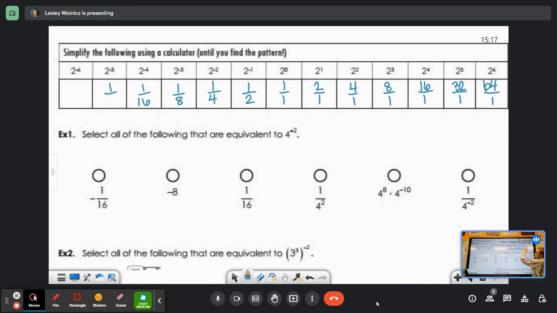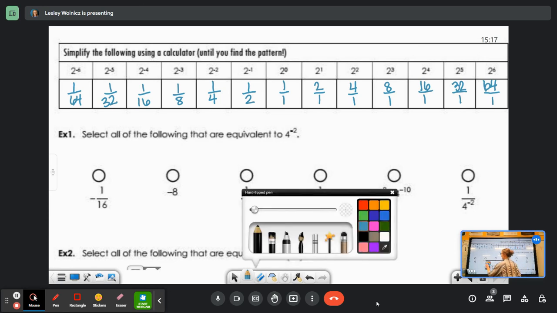Okay, so now that you figured out the pattern, you don't have to use your calculator anymore if you don't want to. I do. Okay. I'm going to allow it. Isn't that kind of fun to see? You guys are like, yeah, if you're into that, which I clearly am.